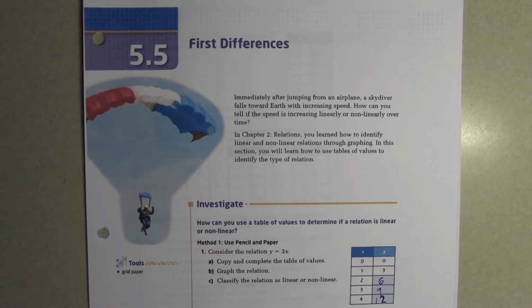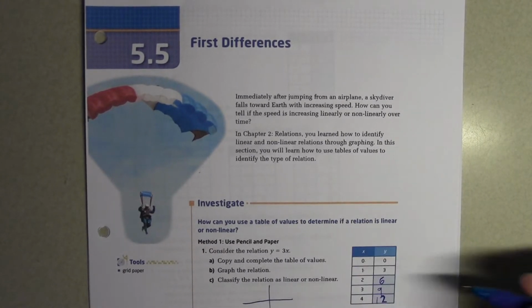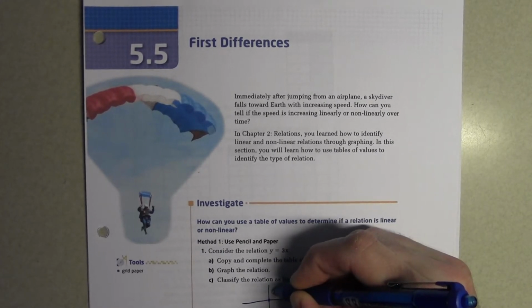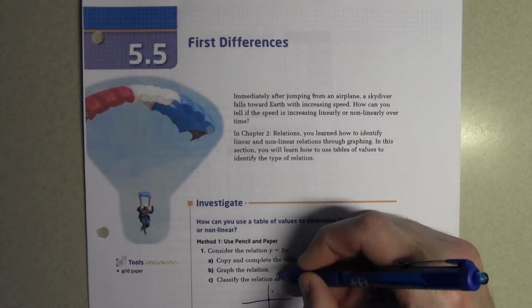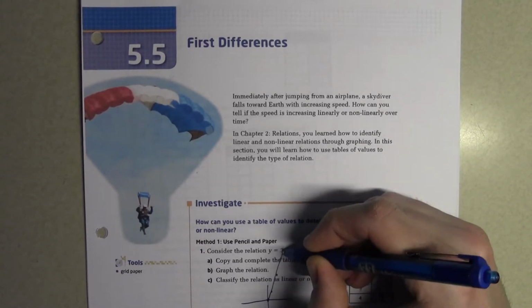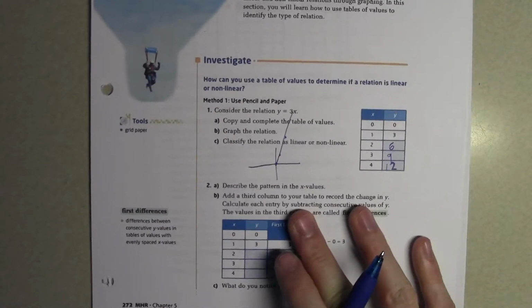All right, there's my graph. Graph the relation. 0, 0, 1, 3, 2, 6, 3, 9. I get a graph that goes straight up like that.